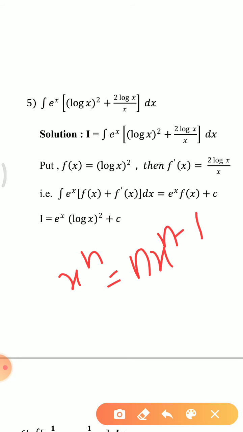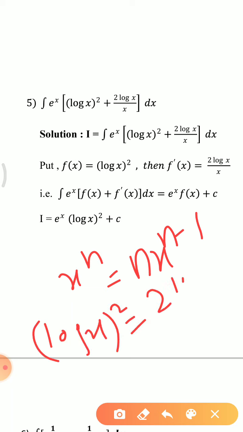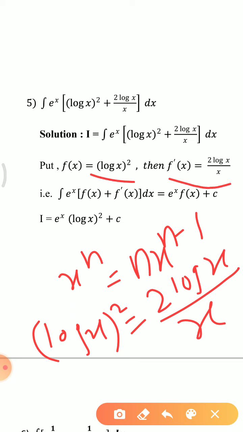So the derivative of (log x)² is 2 log x times the derivative of log x, which is 1 by x. That means f dash of x is equal to 2 log x upon x.